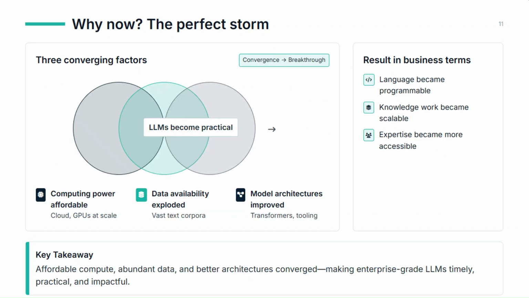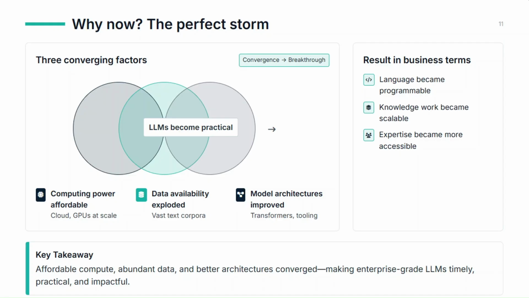Why now? Why did LLMs suddenly become practical? Three forces converged. Computing power became affordable, text data became abundant, and model architectures improved dramatically. Together, these factors made enterprise-grade language intelligence possible.